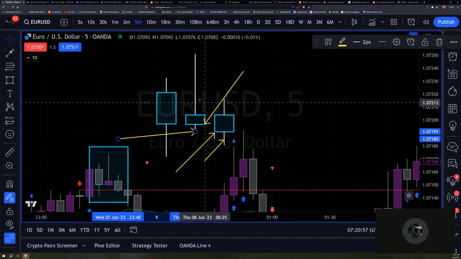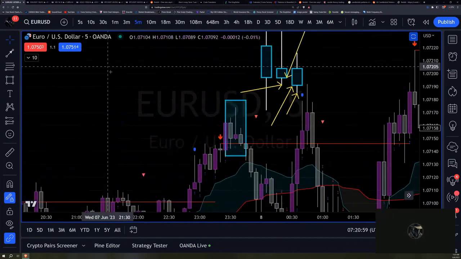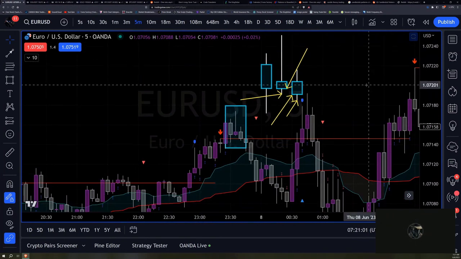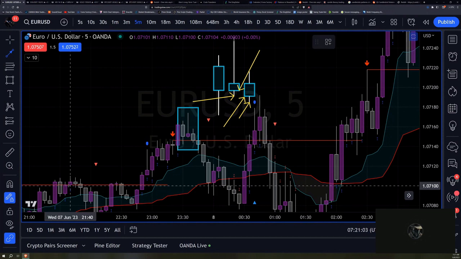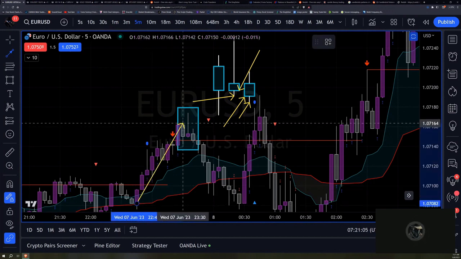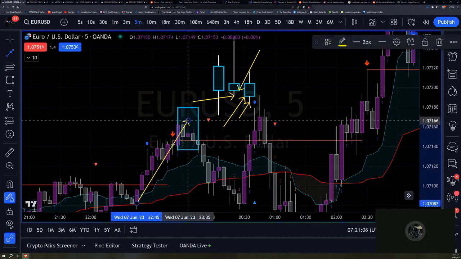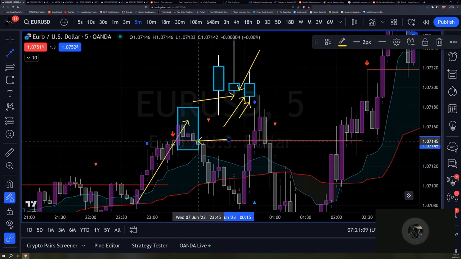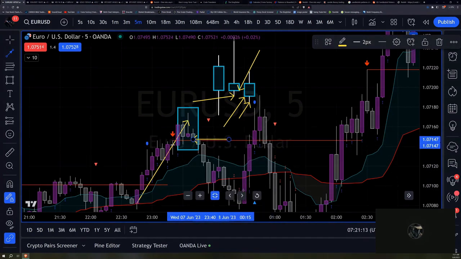So when you have price moving up, like this, and then you have this high test candle, and then the next candle has a lower close and lower low, you can expect price to head down.